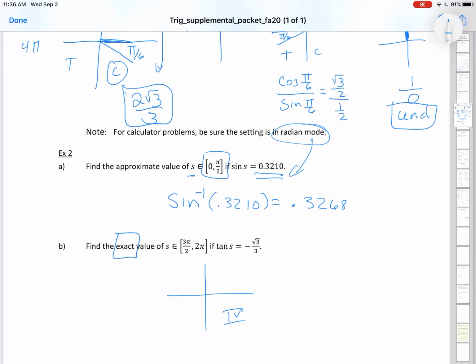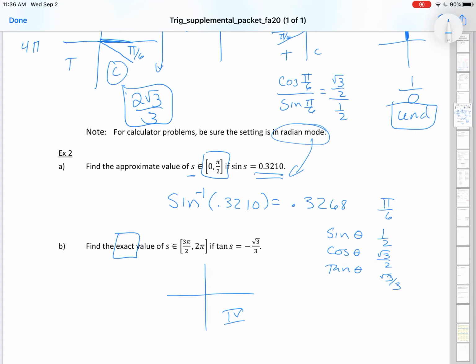And so you can go back in your notes and look. You can go to the chart, right, that said sine theta, cosine theta, tangent theta, and you'll find the one as we did pi over 6 to be 1/2, root 3 over 2, and root 3 over 3.